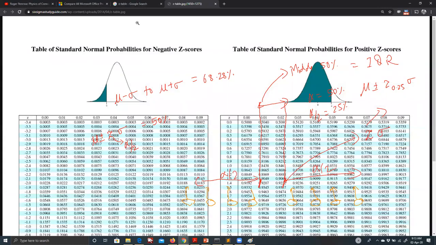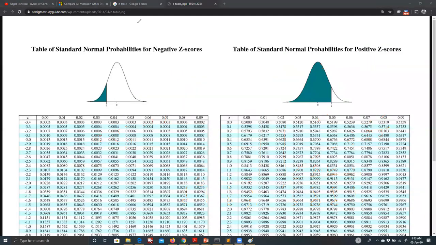Actually, let me remove all the writing. Okay, guys. Now, mostly the curve is available for one tail, but you can calculate two tails. It's not a very big deal. Let me explain how this works.